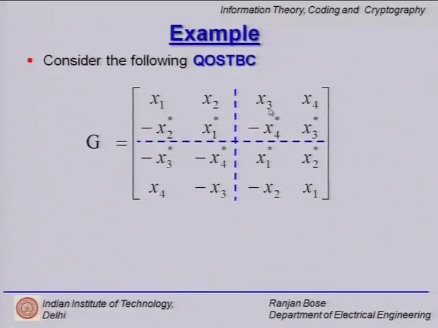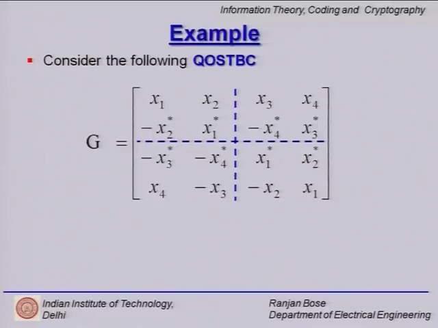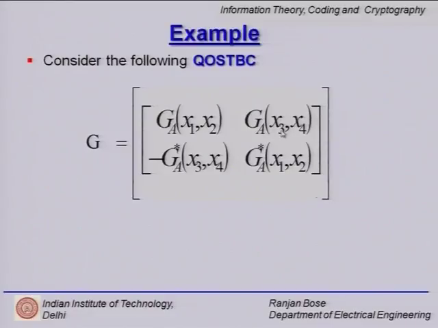This one depends on X3 and X4, this depends on X3 and X4, this one depends on X1 and X2. But if you look carefully, these two are complex conjugates. So this is G1 of X1, X2 and this is G1's complex conjugate. Similarly, this is G3 and this is the negative complex conjugate. So I get GA of X3, X4 and minus GA complex conjugate.